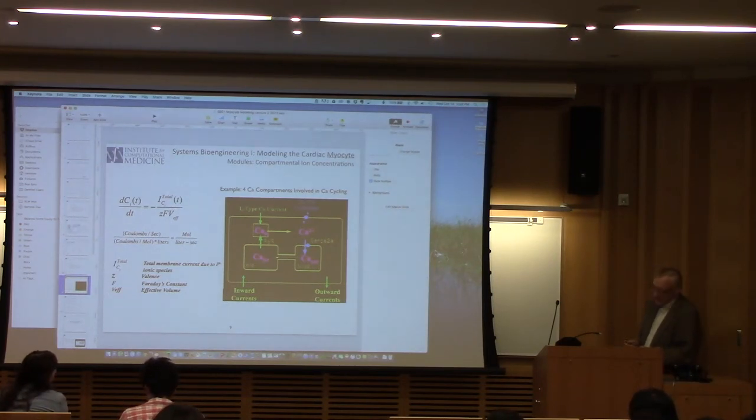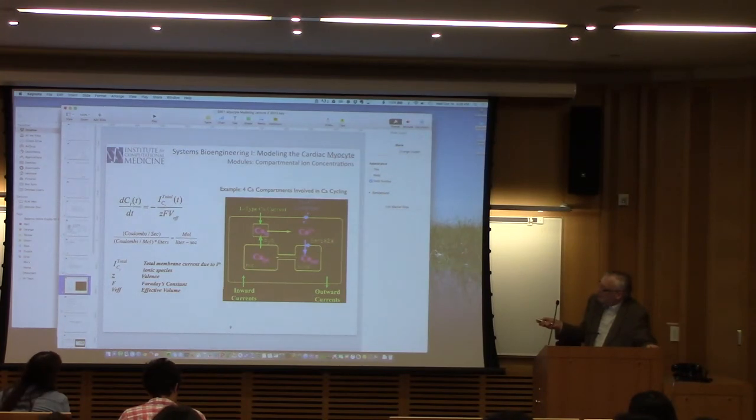So how do we analyze this? Well, the time rate of change of concentration of some ion species within a compartment is equal to the net current, so I is a current, carried by that ion into that compartment.